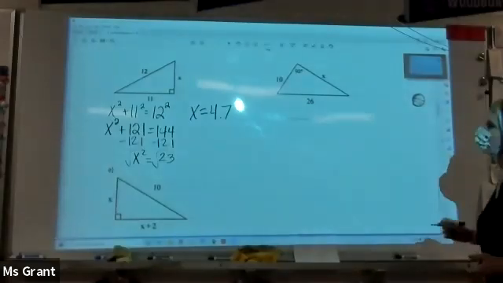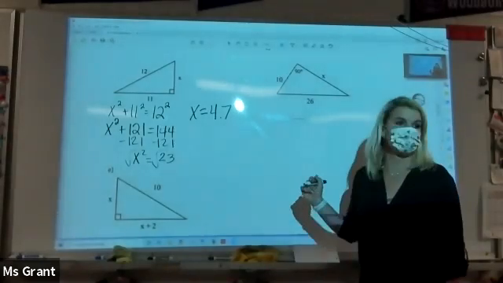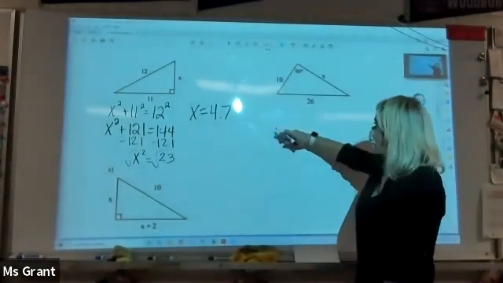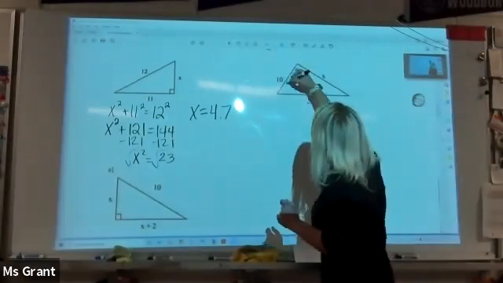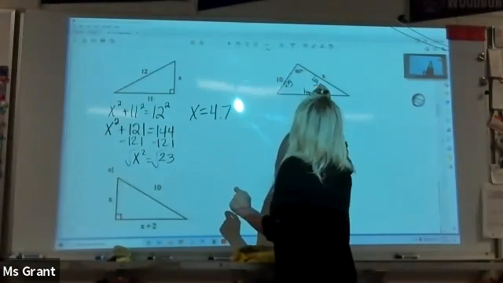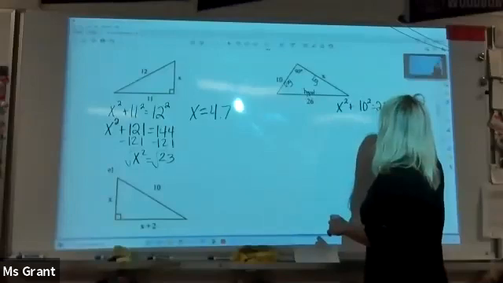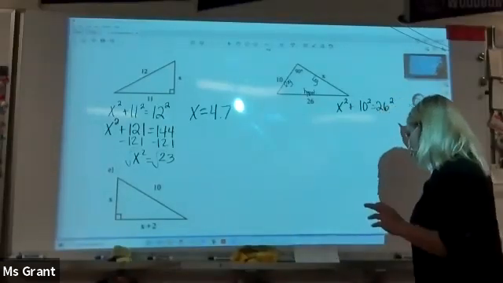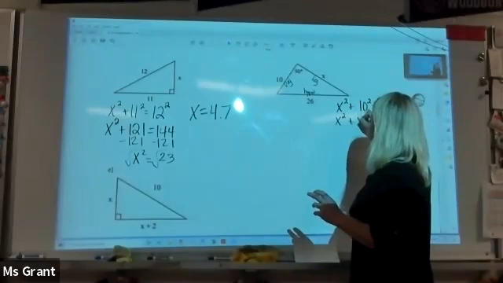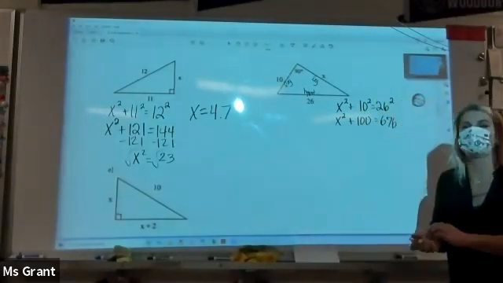Okay, anybody for this next one? It's letter D. I hope you see that this is a leg. This is the leg. And this is the hypotenuse. X squared plus 10 squared equals 26 squared. Well, x squared plus 100 equals 676, right?